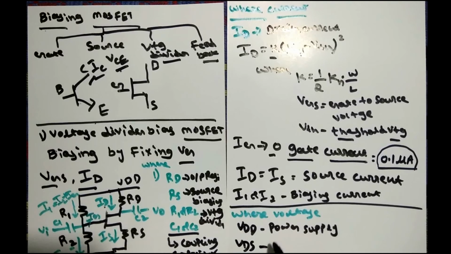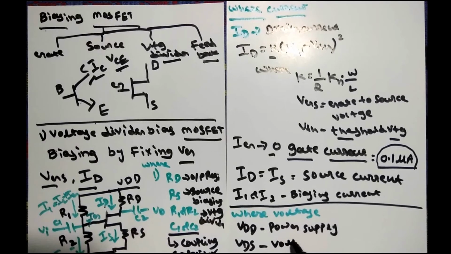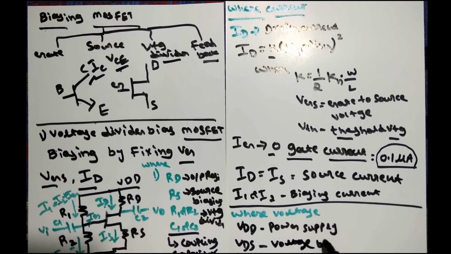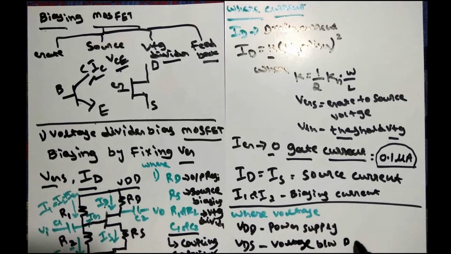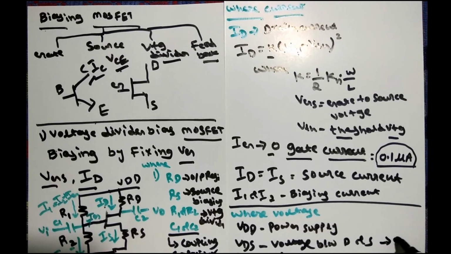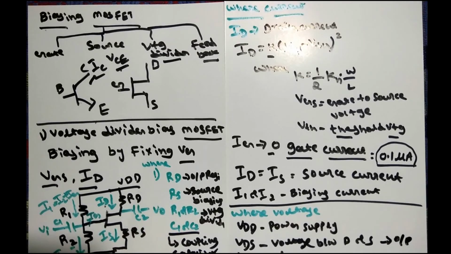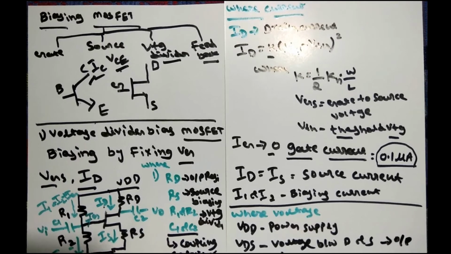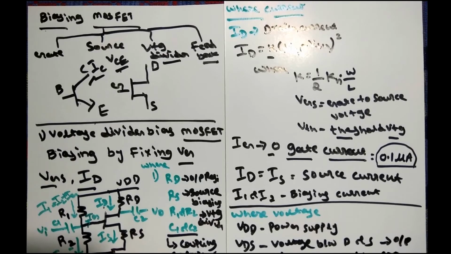VDS is the drain to source junction voltage, the voltage between drain and source D and S, and we usually call it the output voltage. VGS is the input voltage, the voltage between gate and source.